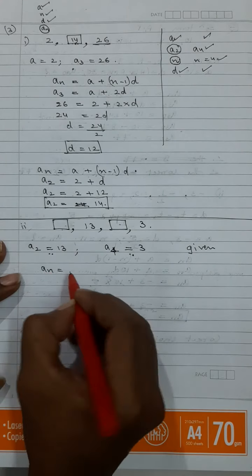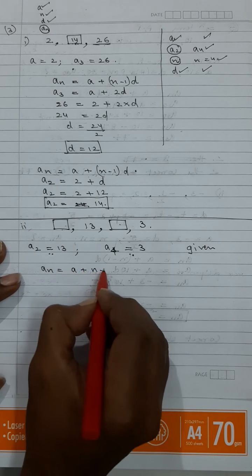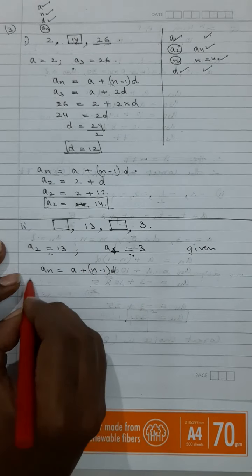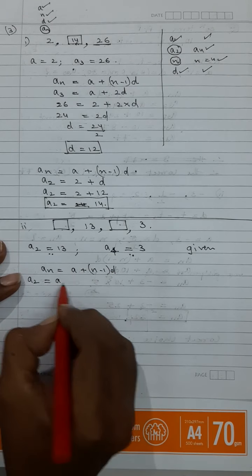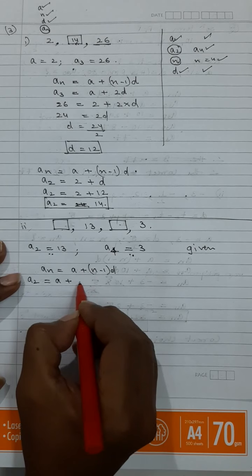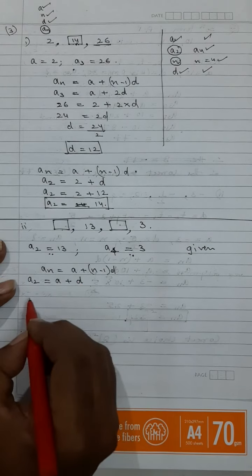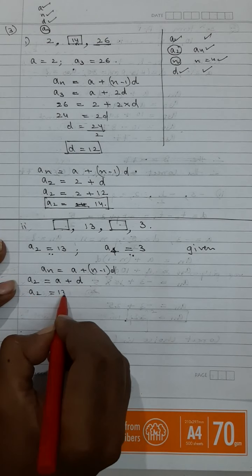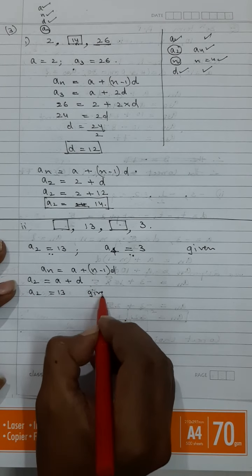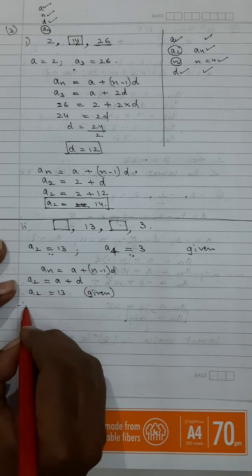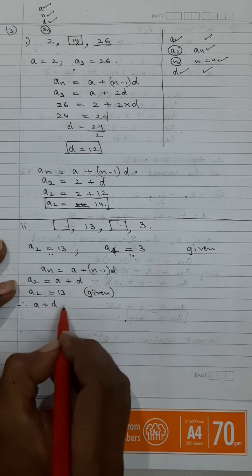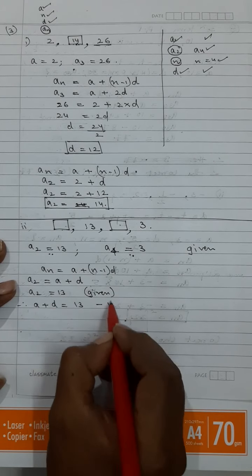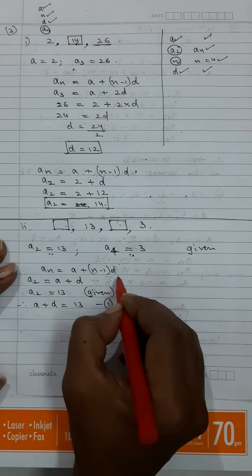A_n is equal to A plus (n minus 1) into D. Therefore, A2 is equal to A plus (2 minus 1) times D. A2 is equal to 13, given. Therefore, A plus D is equal to 13. This is your first simultaneous equation.